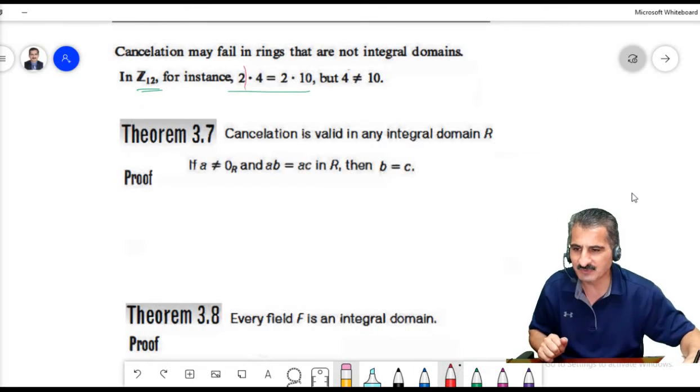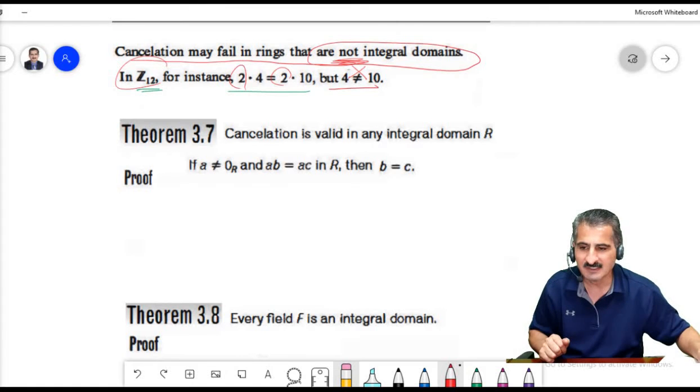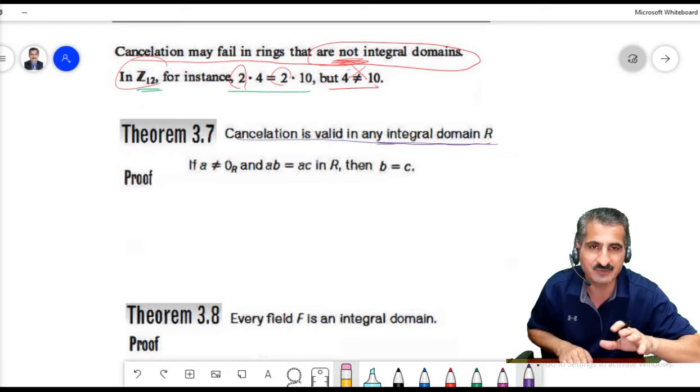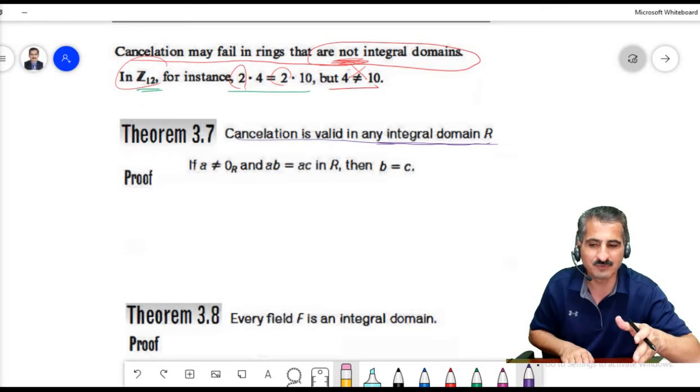If we cancel 2 from here, we get 4 equals 10. This is wrong. We cannot do cancellation here, because cancellation may fail in rings that are not integral domains. We will now prove cancellation is valid in any integral domain. Because we are guaranteeing that there are no zero divisors, we can do the cancellation.